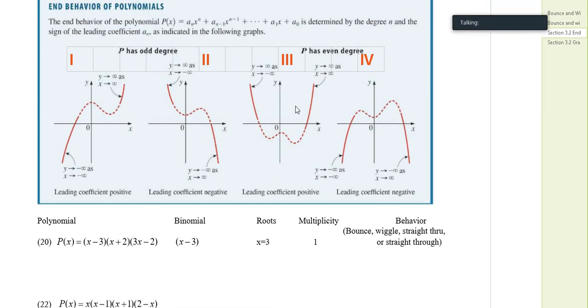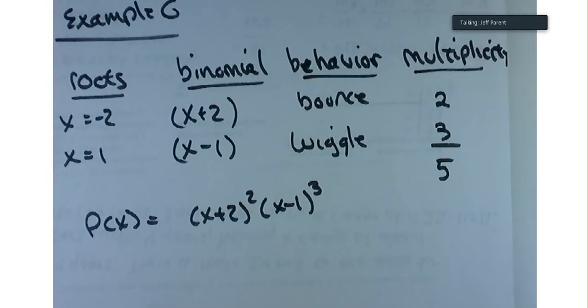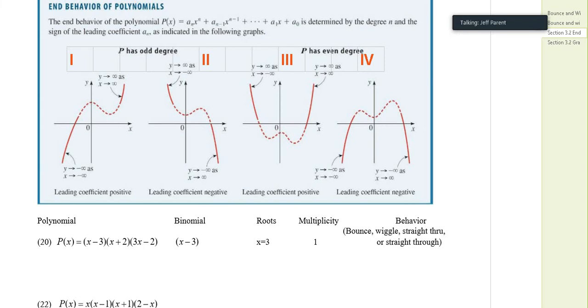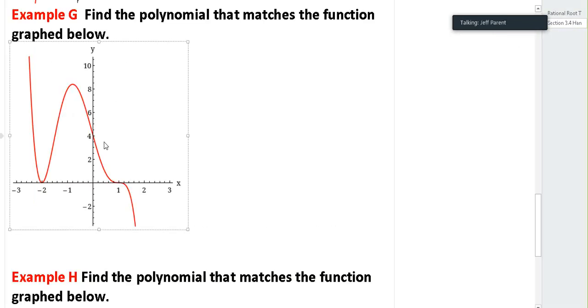So if your polynomial goes down in one direction and up in the other direction, then it has to have an odd degree, right? So clearly we got something of an odd degree with this one. That's clearly an odd degree, but there's something else missing with our odd degree here. What is it? What's going on there?